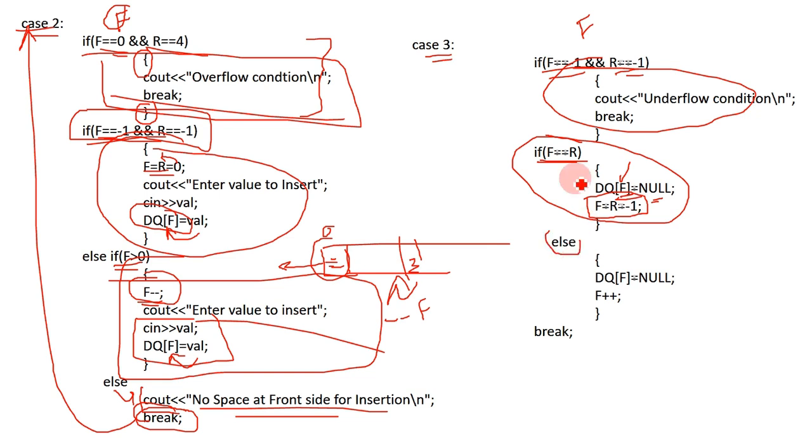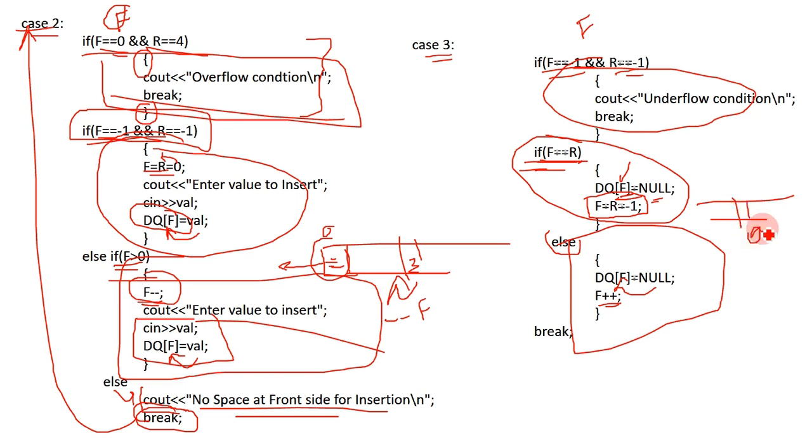If this condition is not satisfied, this is the normal deletion from the front. Assign a null value to that front and front will be incremented. If you want to delete an element, front will be incremented. This is case 3.